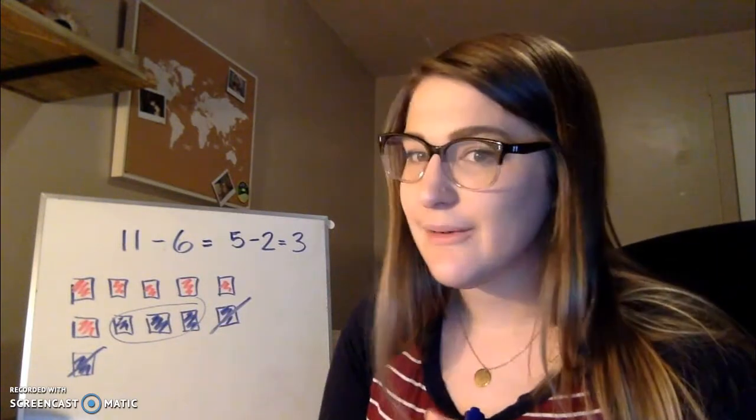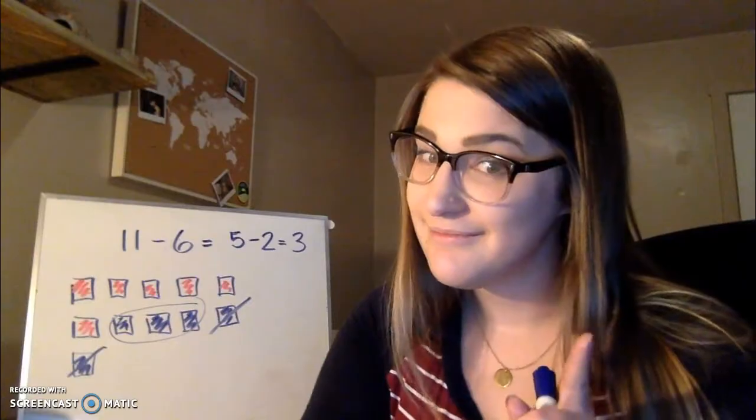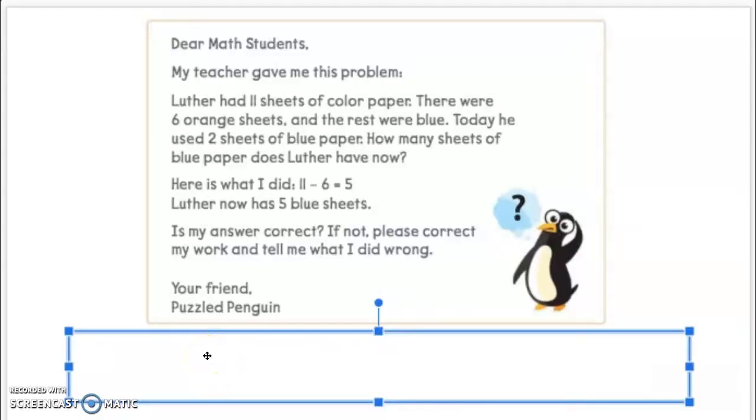So what are we going to say to our friend, Puzzled Penguin? If I wanted to write back to my friend Puzzled Penguin, I'd probably say something like, "You forgot to do the second step of that problem.